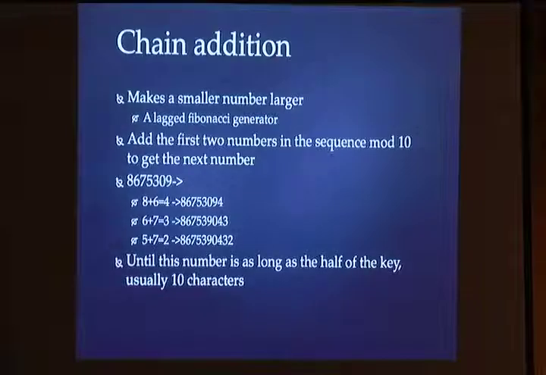So you do this until the number is as long as half the key. So this meant that you could actually just choose a random, this was our IV, and this actually gave us our base element that we would whiten the key with.